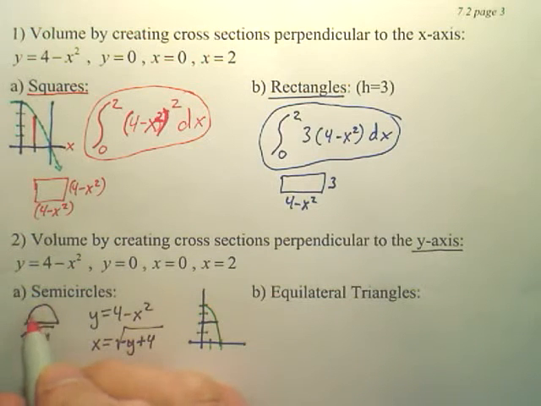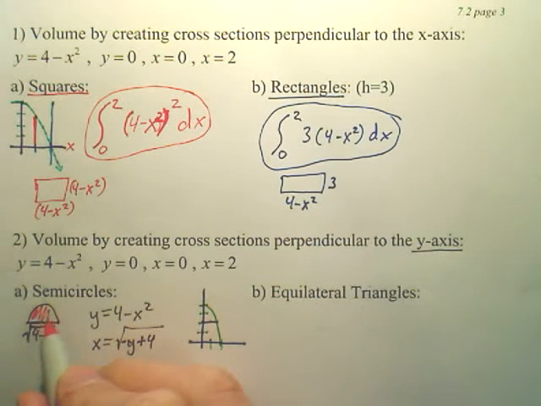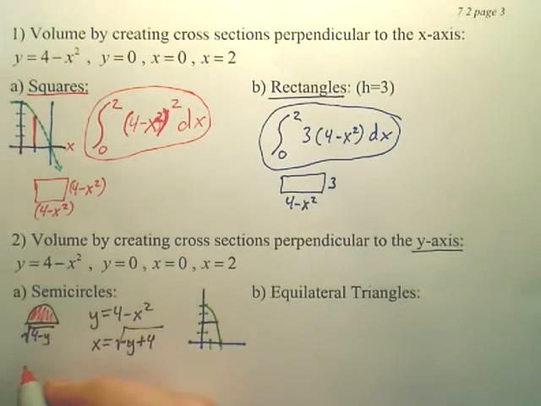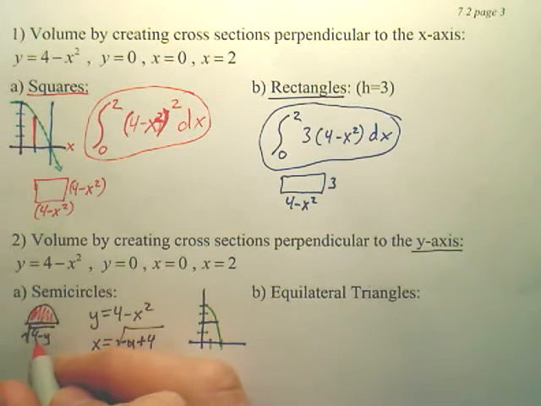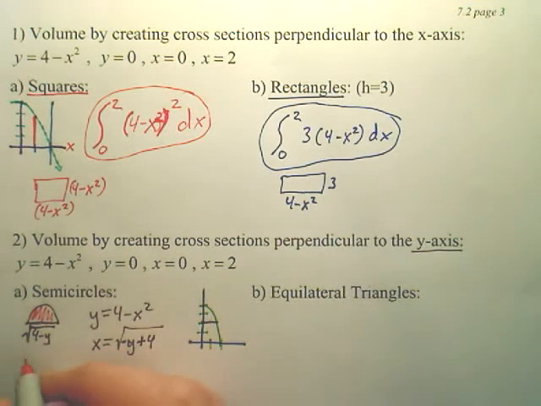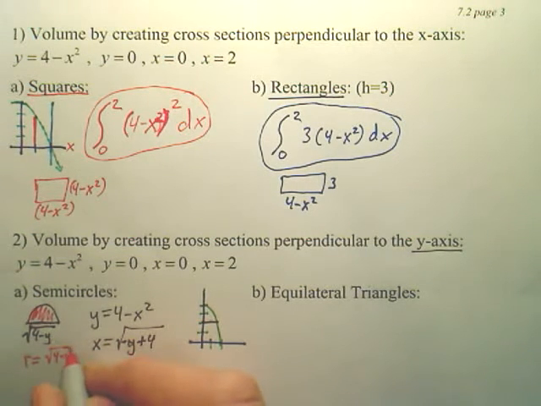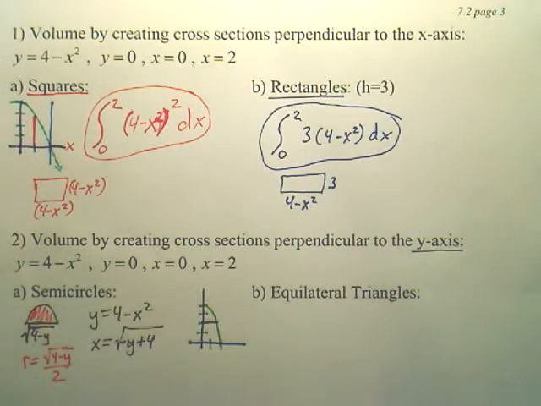So how do we find the area of this shape right here? Well, this is the diameter. Are you okay with this being the diameter? How do you make this a diameter to radius? Don't you divide it by 2? So isn't your radius going to be the square root of 4 minus y divided by 2? That's the radius, right?